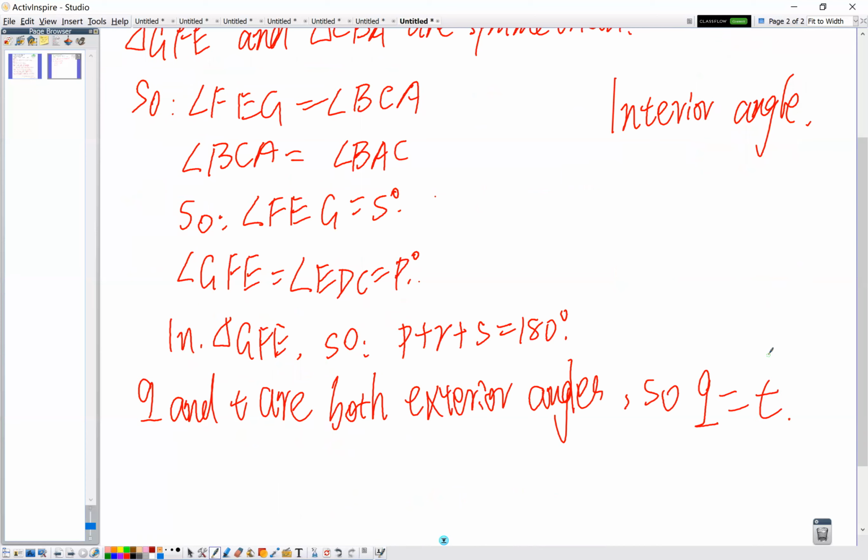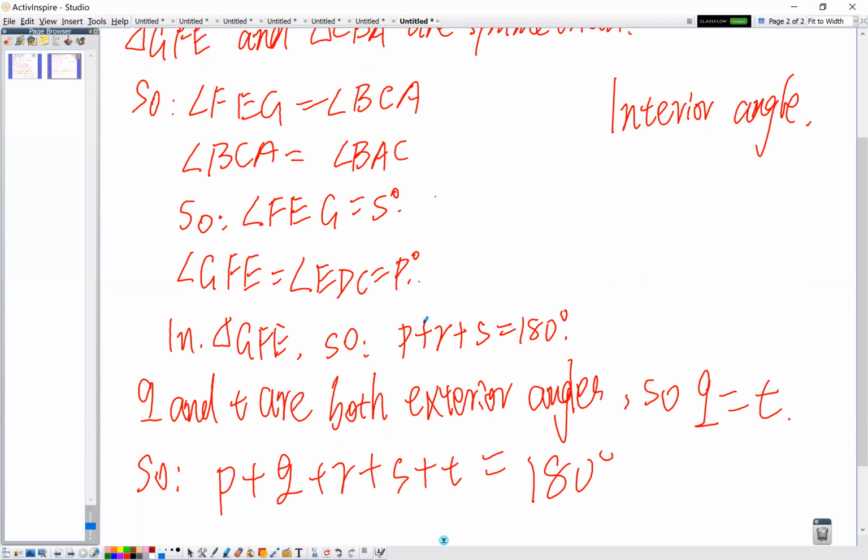For that reason, we can add them up now. P plus Q plus R plus S plus T becomes 180 plus Q plus T, where this 180 comes from P, R, S.